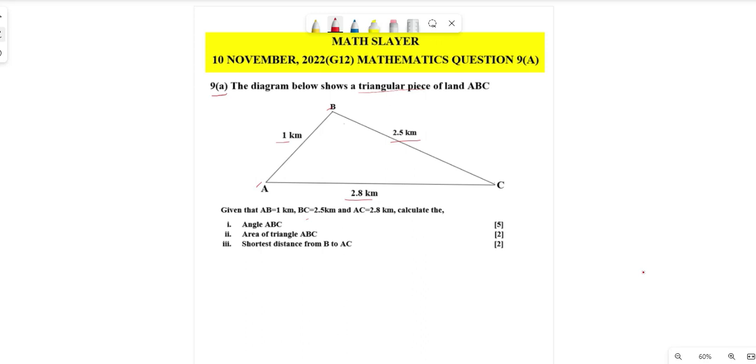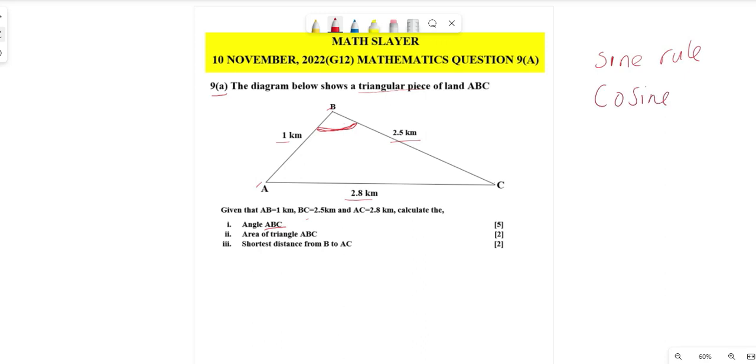The first question reads as follows. Calculate angle ABC, which is this angle. Under paper 2 trig, we need to be conversant with either the sine rule or the cosine rule.